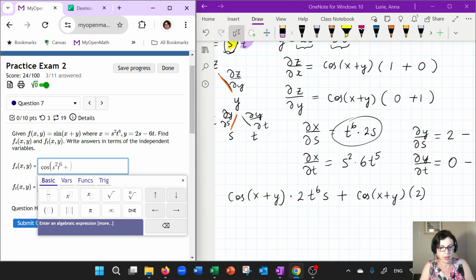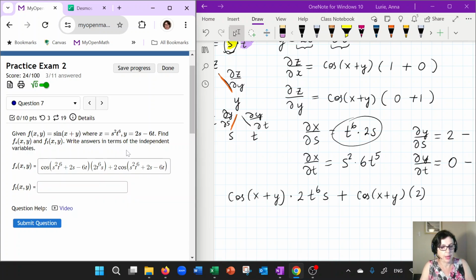Then plus y, which is 2s minus 6t. Okay, so I got that. Multiply that by 2t to the 6s. Now I'm going to do the same thing with the other one. I'll just put 2 in the front, and then again, cosine of x plus y. Okay, I think I'm done with this one.